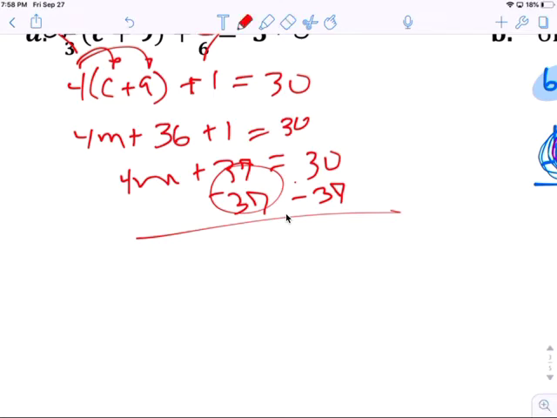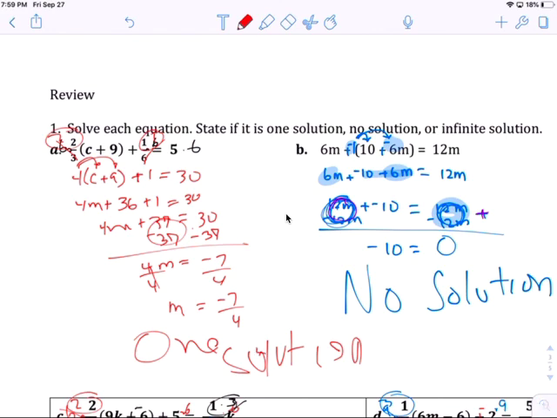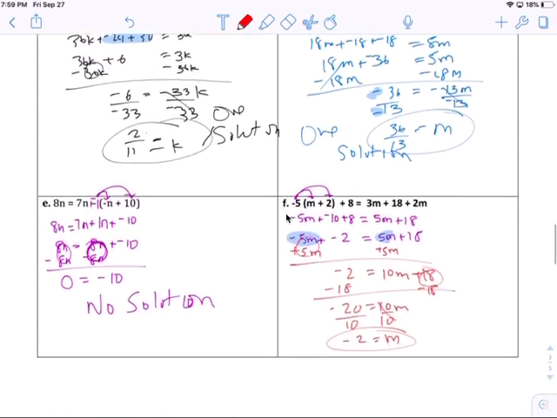Okay, -7. Hope I'm doing it right. 4m divided by 4, one solution, right? M equals -7/4. One solution. Oh, there we go. None of them is infinite solution either, huh? Yeah, that's your homework.